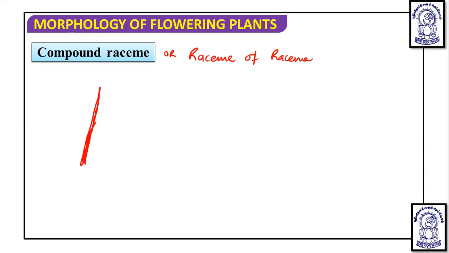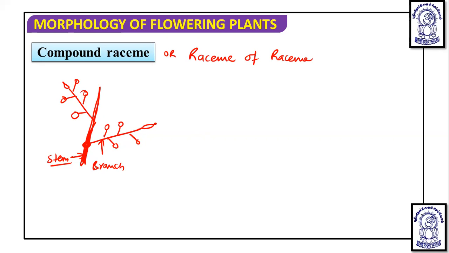This is the branch. On this node you will see the branch, and on the branch the flowers are arranged like this. This is the stem, and this is a branch, and over the branch you will see the arrangement of pedicellate flowers like a raceme in acropetal manner.